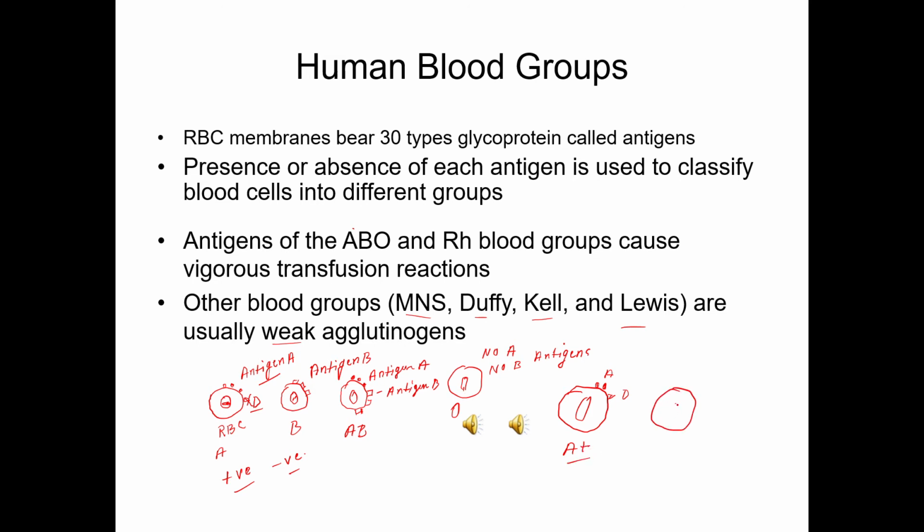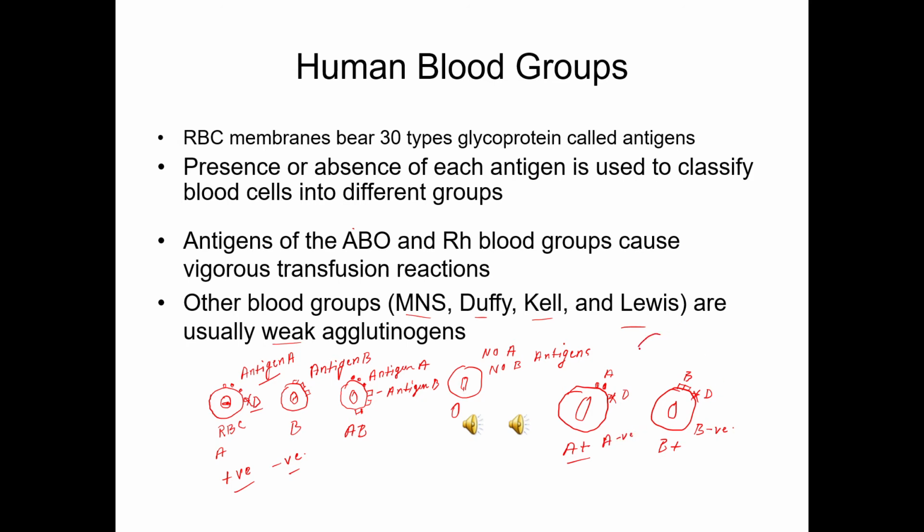If another person doesn't have A, he has B antigen on the surface, so this is B, and also he has D. So his blood type is B positive. Now if D is absent, only B, blood type is B negative. Okay. If this one is absent, A negative.